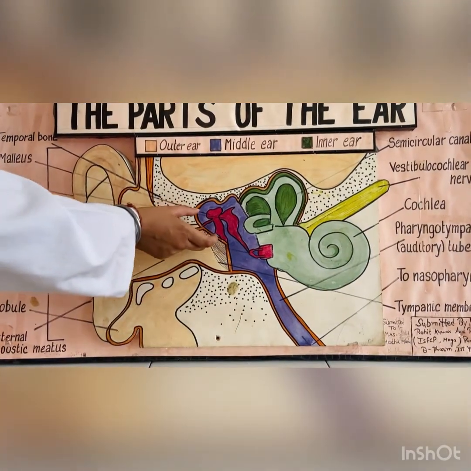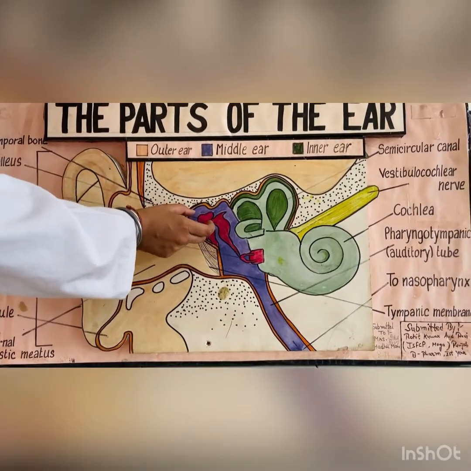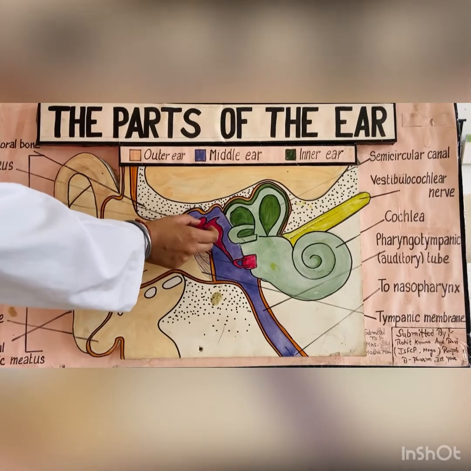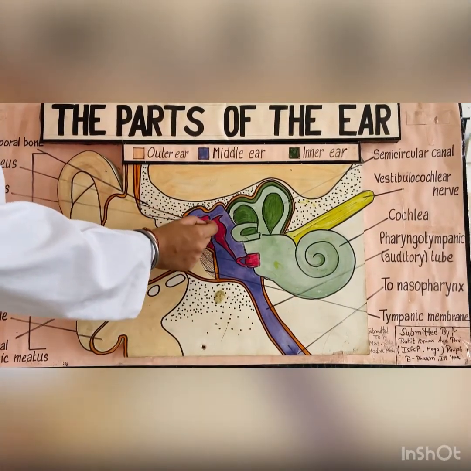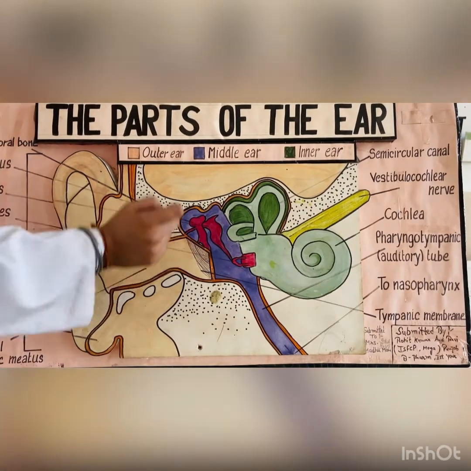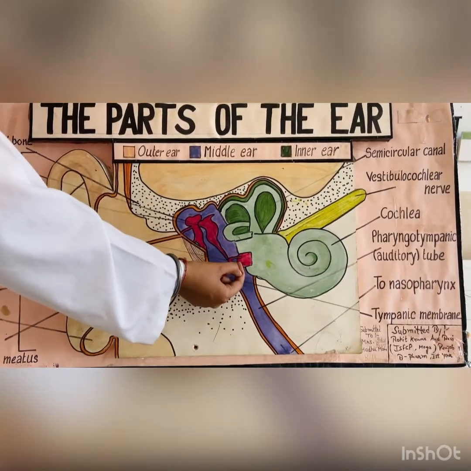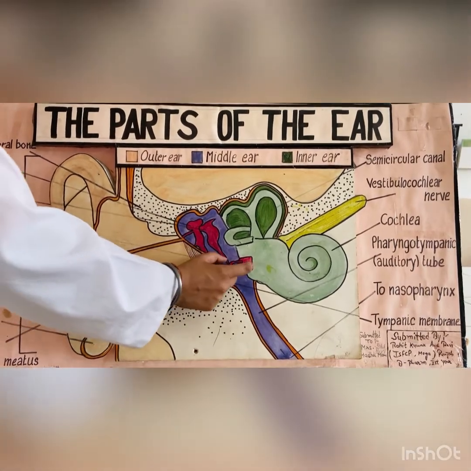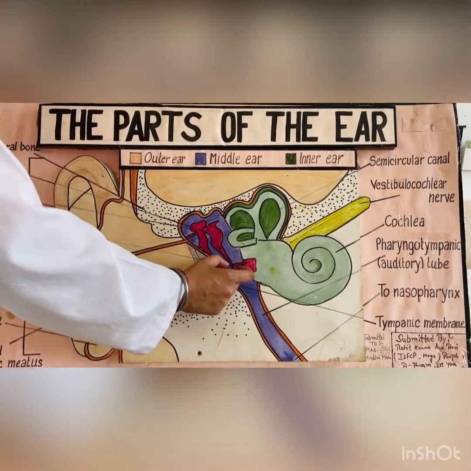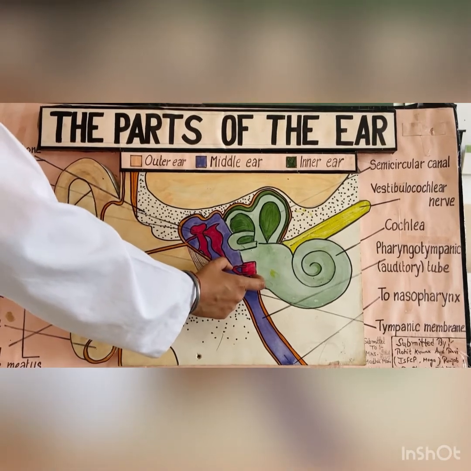The malleus is the hammer-shaped bone and the incus fits into the malleus. The third one is the stapes. The foot of the incus is in close conjunction with the stapes.